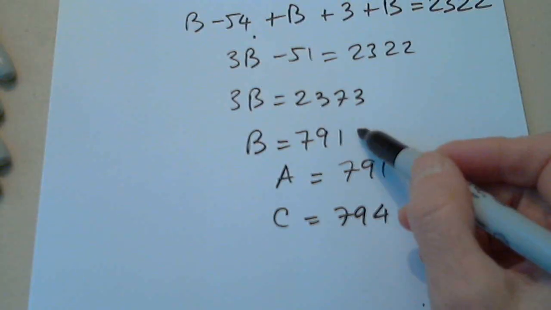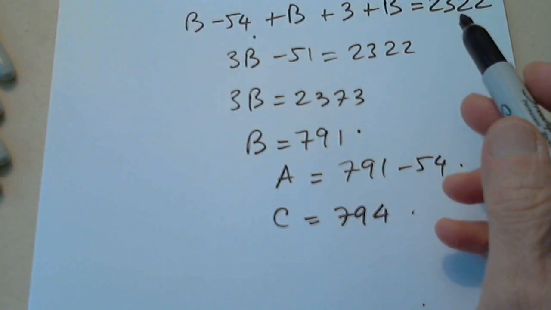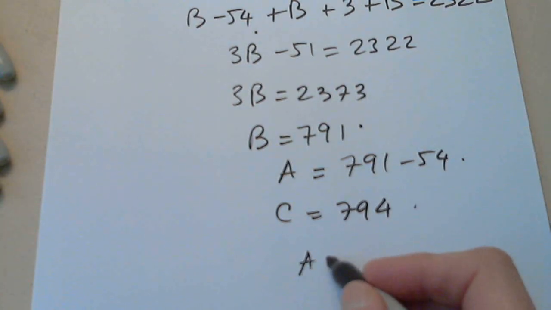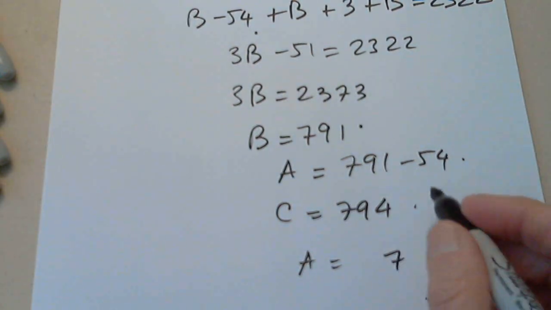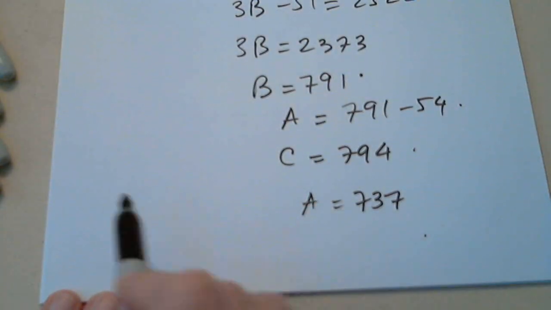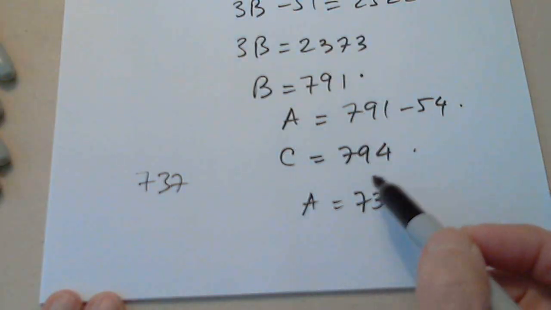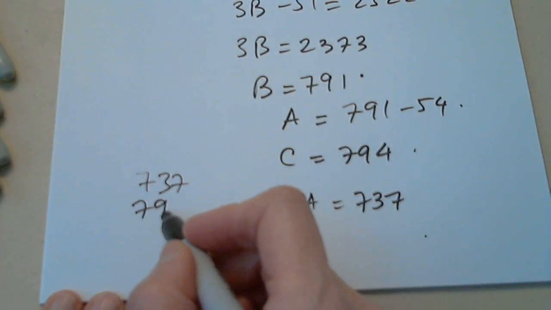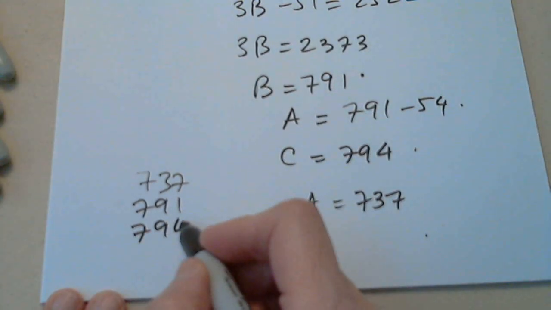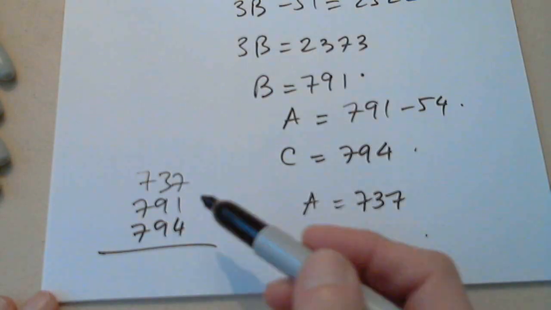And now I have to add A and B and C and see if I get 2,322. So how much is A again? 737. So now when I add 737, that's A, to B, 791, to 794, if I do not get 2,322, then there is a problem.